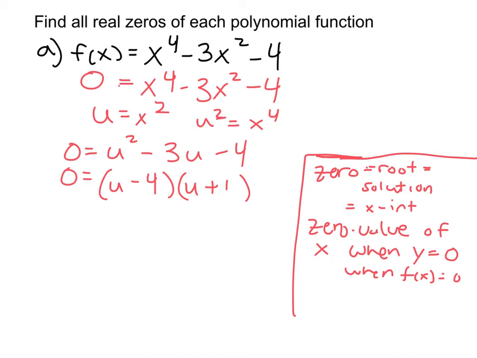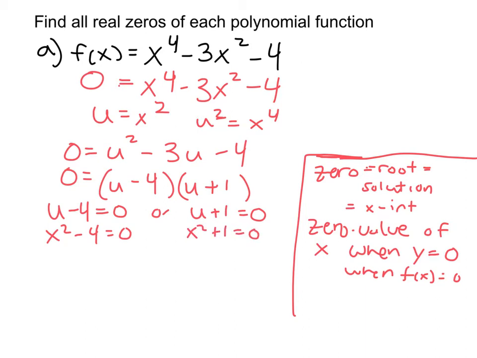The right-hand side of the equation will equal 0 if u minus 4 equals 0, or if u plus 1 equals 0. Let's put back x squared now, because I don't care when u equals 0 as much as I care when x equals 0. So x squared minus 4 and x squared plus 1.